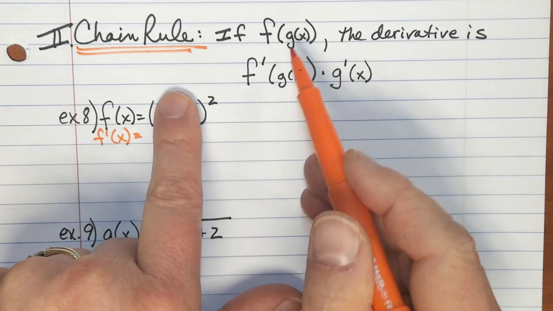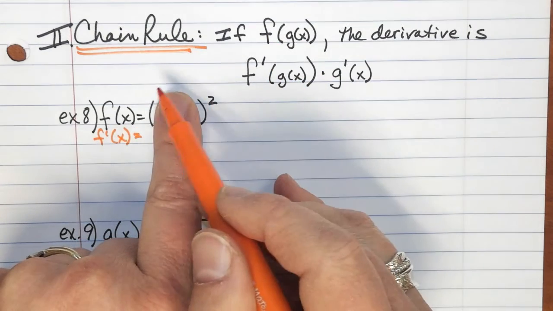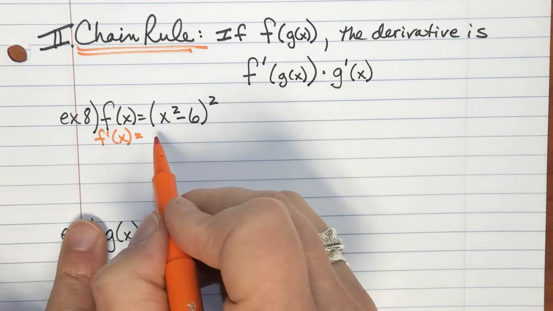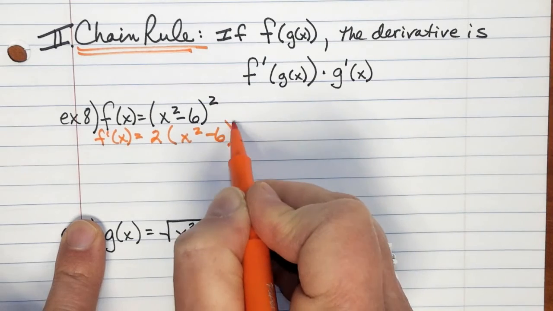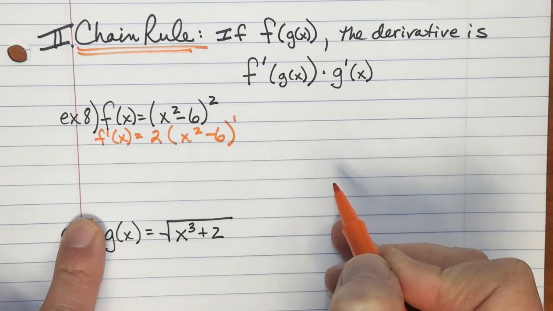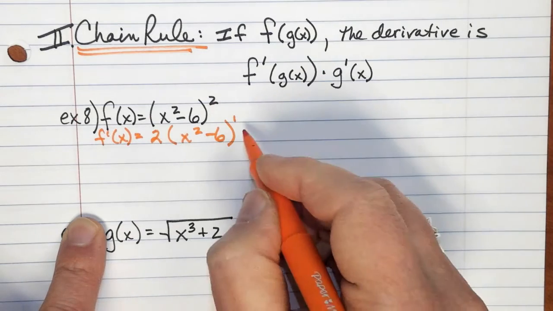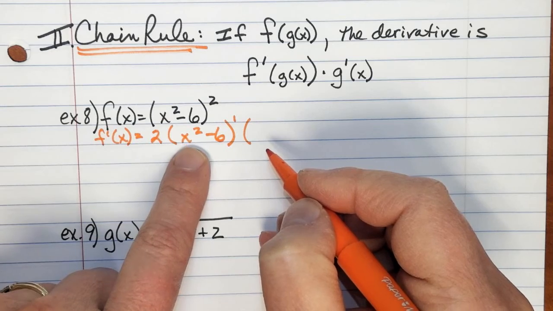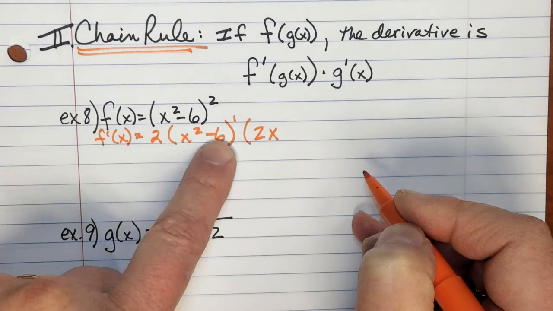So if I take the derivative of the larger function, I would bring that 2 out in front and I would reduce it by 1. So I'm going to have 2 times x squared minus 6 to the first power. Now the derivative of the inner function, the derivative of x squared, is 2x. The derivative of negative 6 is nothing.